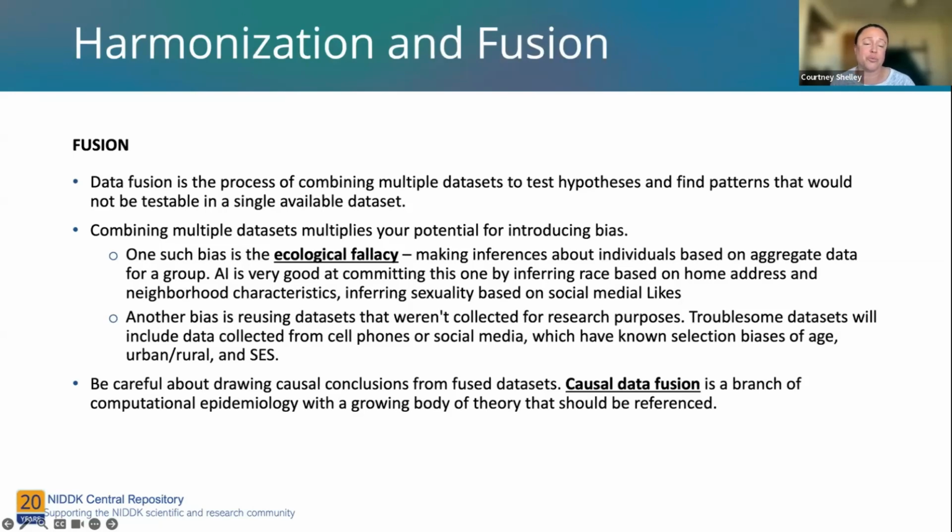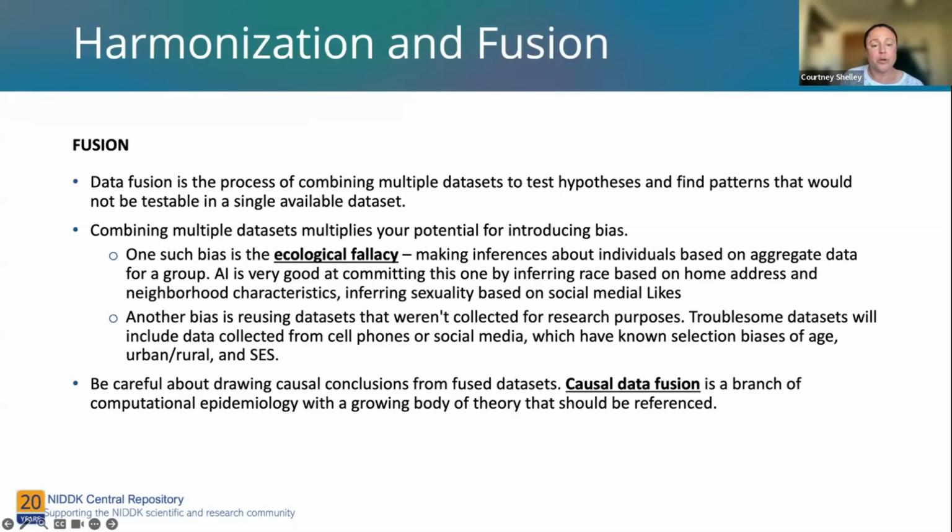Another bias to really pay attention to is reusing data sets that weren't collected for research purposes. So maybe you go out on the web and you scrape some data that was collected via cell phones or social media. But we know that these already have their own selection biases regarding age, whether the person is living in an urban or a rural setting, and socioeconomic status. So now you're just bringing in bias.